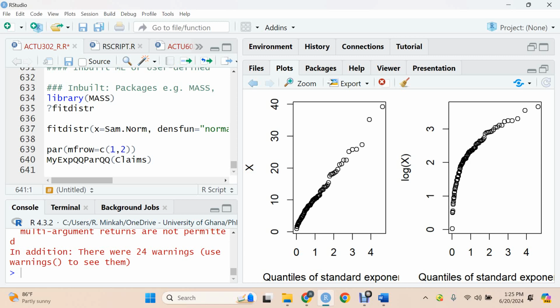Now, just before you go, if I have P norm, that is the CDF of the normal distribution. If I have P gamma, that will be the CDF of the gamma distribution. Which means, if I use maximum likelihood or method of moment to estimate this, I should be able to get the CDF, the density, and so forth.